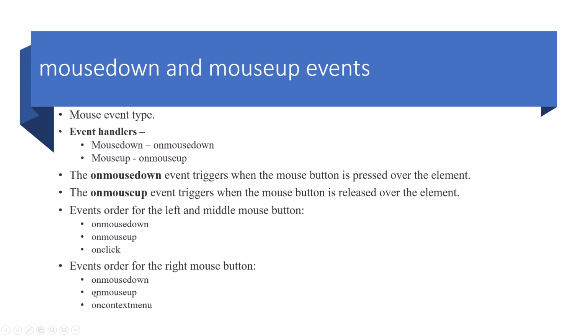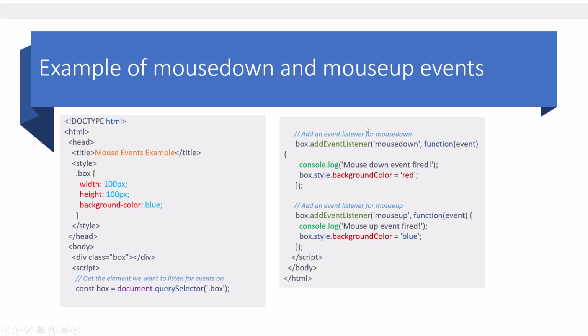And for the right mouse button, we have onmousedown, onmouseup, and oncontextmenu. So these are the orders in which the mouse down and mouse up events trigger. This is one example given here for mouse down and mouse up events. We can execute this example at the end of the video.